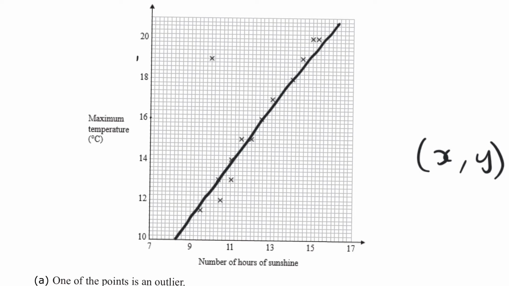So from this graph, we can see there's 1, 2, 3, 4, 5, 6, 7, 8, 9, 10. There's 10 little squares for every 2 numbers, from 16 to 18. So then each little square would be representative of 0.2. So if I've got 16.4 degrees, it would be there. Then I need to draw a line across.